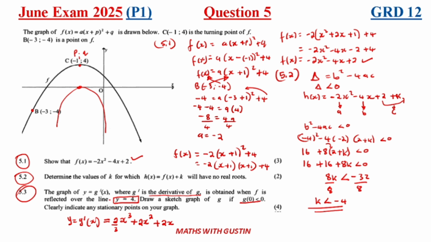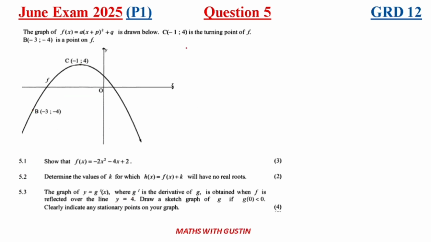So now they want us to sketch this. I think I'm now running out of space here, so I'm just going to move to the next one. Okay, so this should be our function, 2 over 3 x cubed plus 2x squared plus 2x.